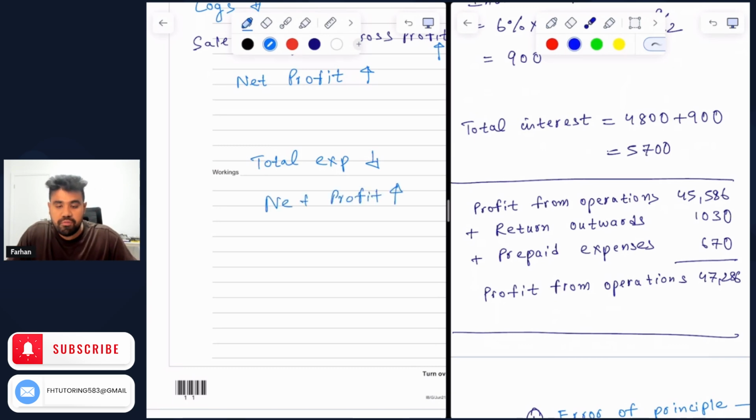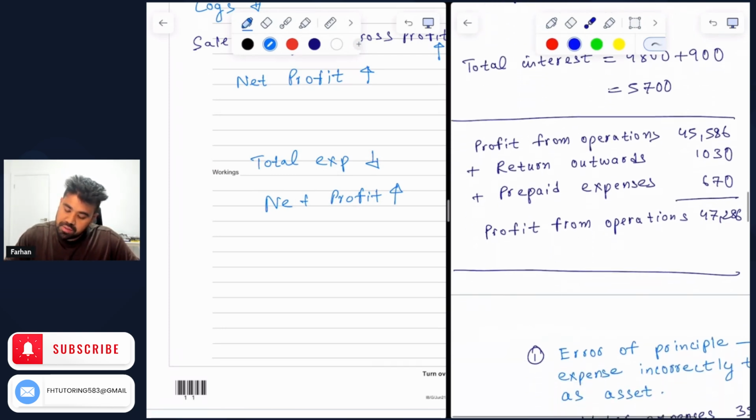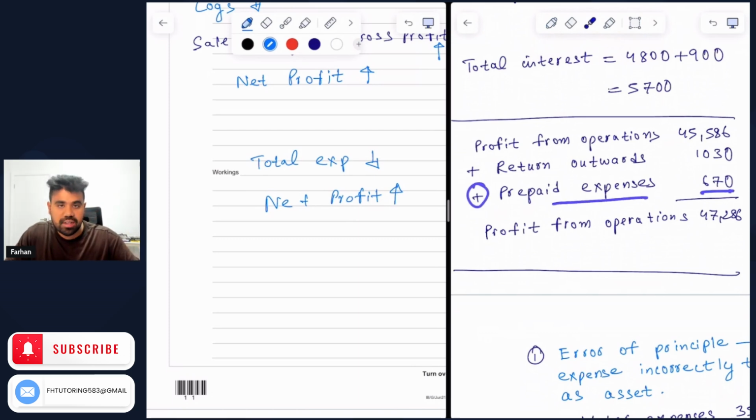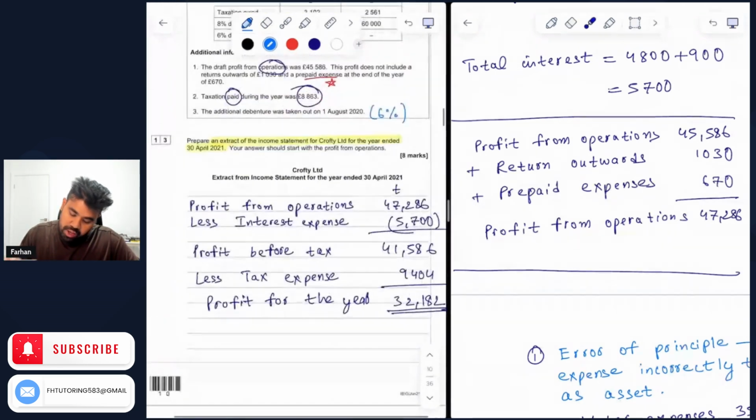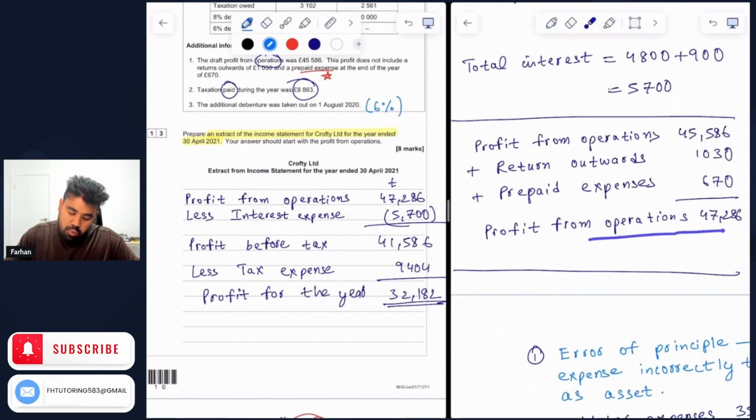So we will be adding the prepaid expenses of £670 to the draft profit from operations to reflect the fact that correcting this is going to increase the profit. That results in a final profit from operations of £47,286.